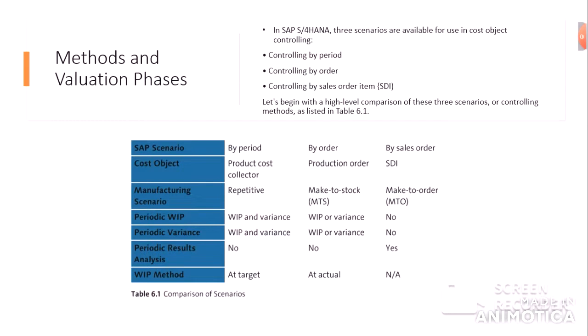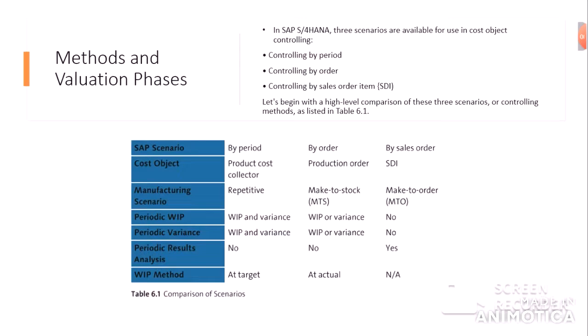By period, the manufacturing scenario is repetitive manufacturing. By order, the manufacturing scenario will be make to stock, and by sales order, the manufacturing scenario will be make to order. For periodic work in process and variance, that is for period and order.